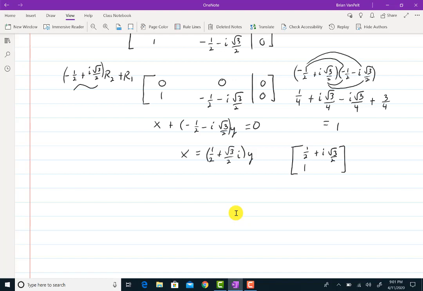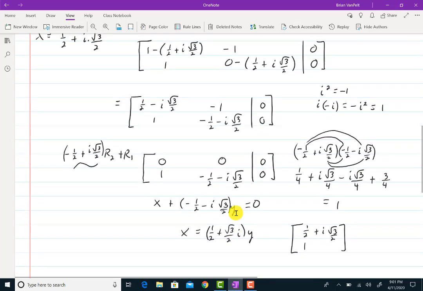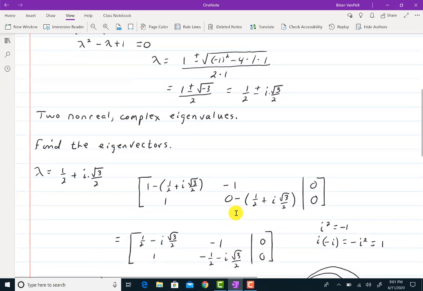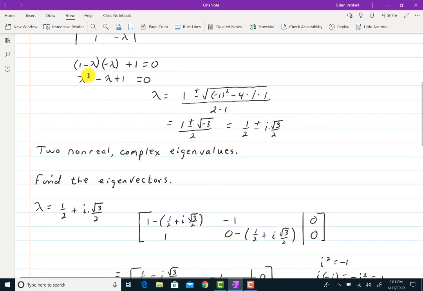Now, one thing that's good about dealing with complex numbers: the original matrix had real numbers. And you may or may not remember this, but when I solved here, all of the coefficients on this polynomial were real numbers.